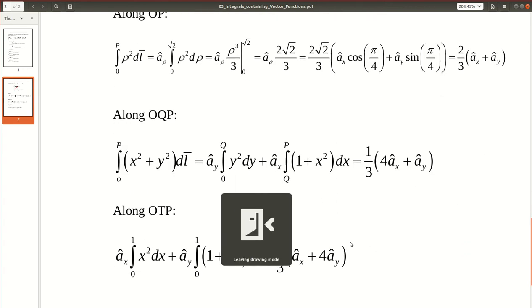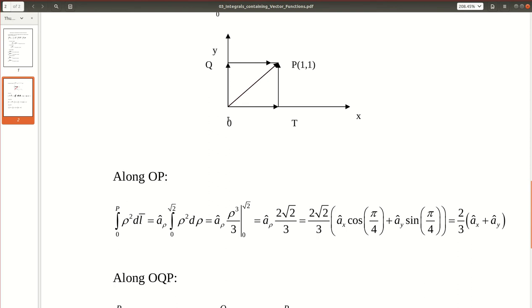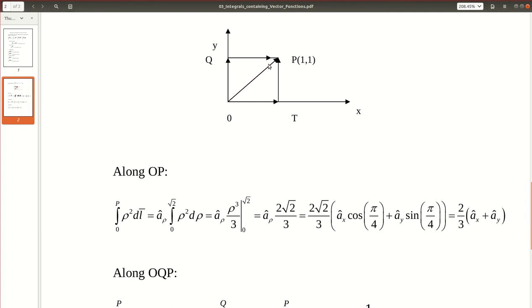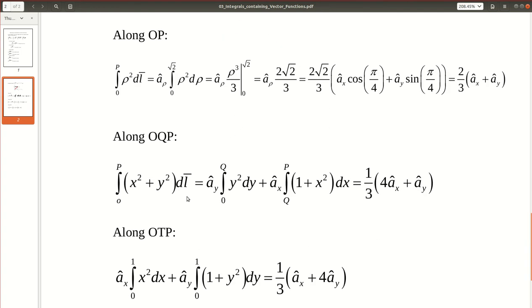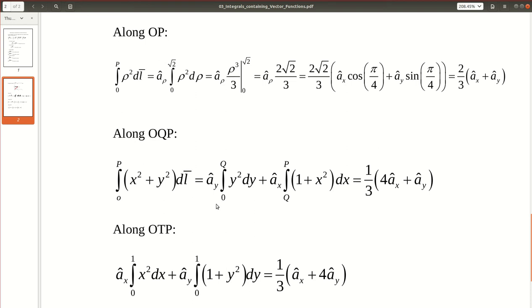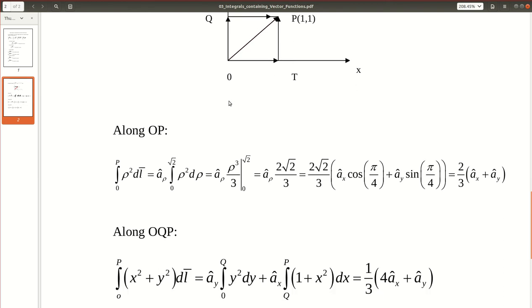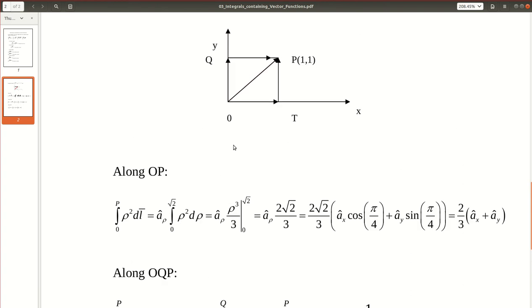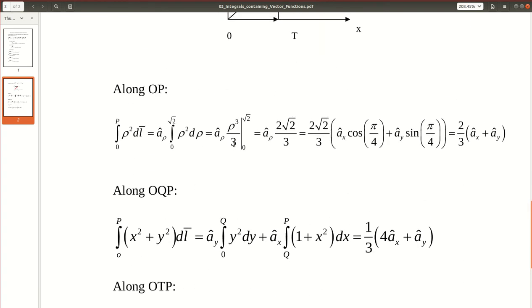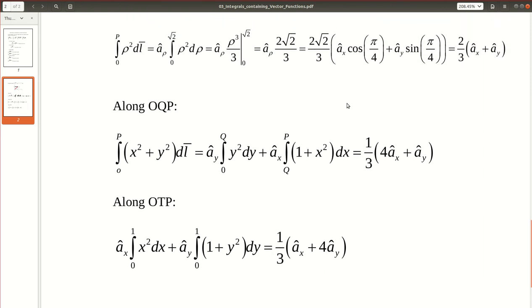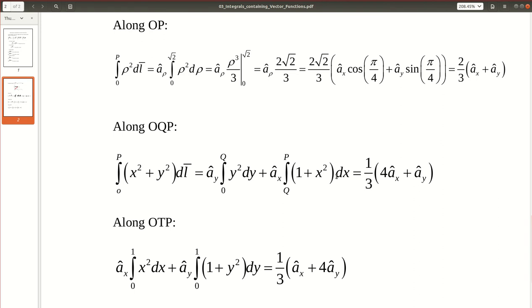Now let's see it along the line OQP. You take it over the x and y lines, so you take x squared y squared dl, from O to Q and from Q to P. In the direction from O to Q it is y squared dy, with x equal to 0, and in the other direction from Q to P, it is 1 plus x squared dx.